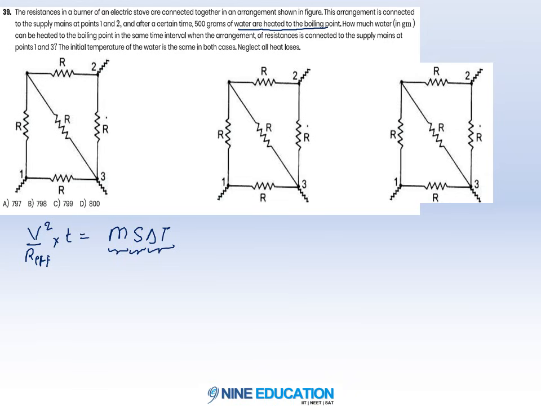Now what we need to focus on: if the power supply is connected between points 1 and 2 like this, then what is R effective? In this case this becomes a balanced Wheatstone bridge, so this will not take part in conduction.